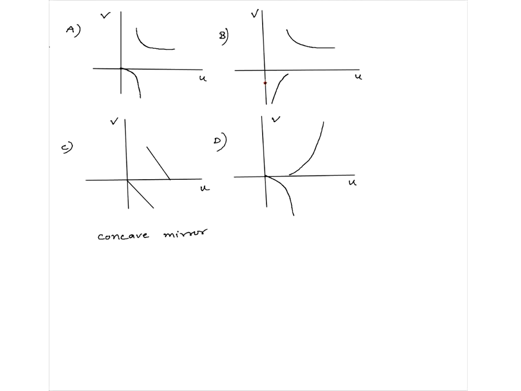When U is becoming F, then V should be infinity. And actually the reversal takes place at focus. On the right side of focus, you have a virtual image. Left side of focus, you have a real image. This reversal happens at focus and happens in a big way.